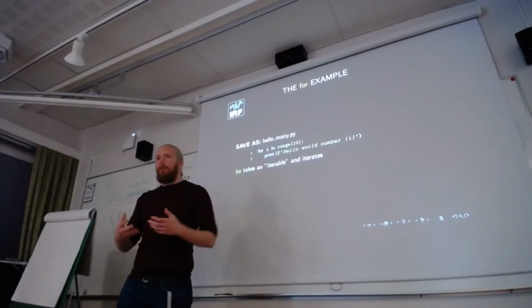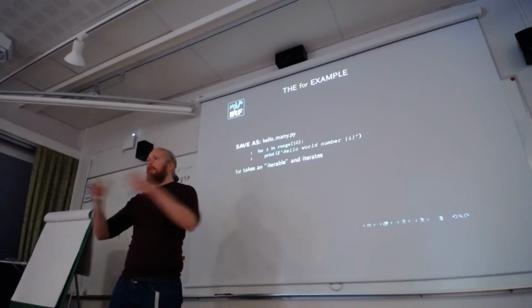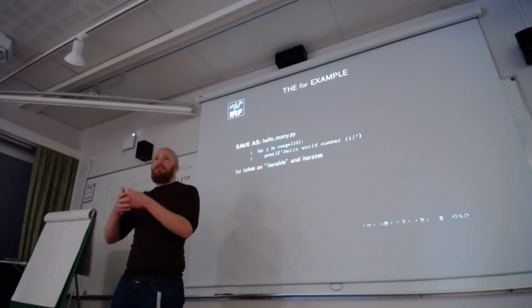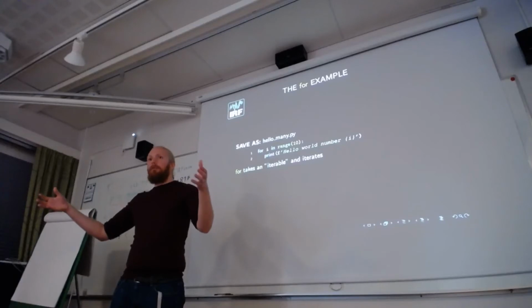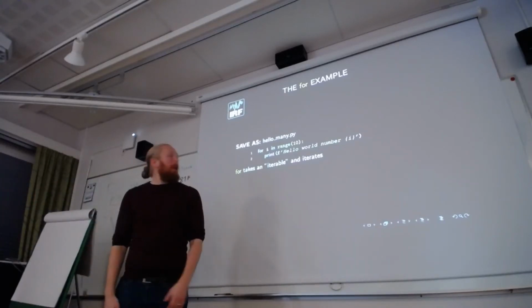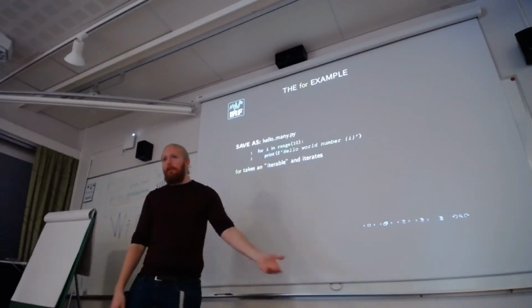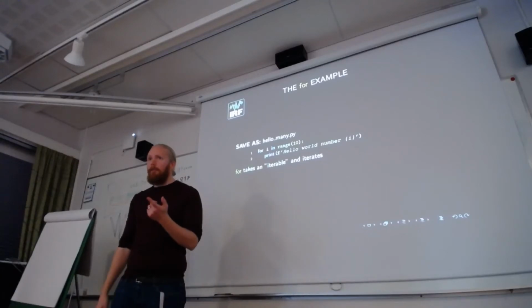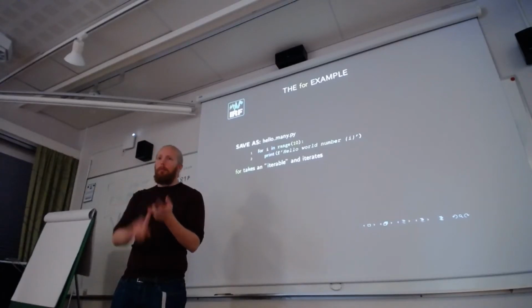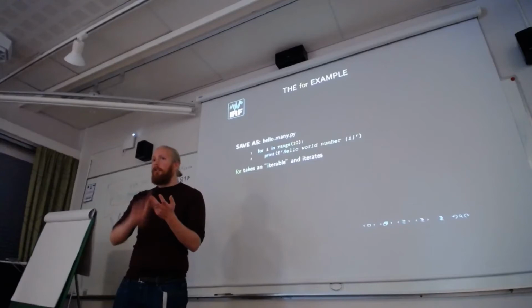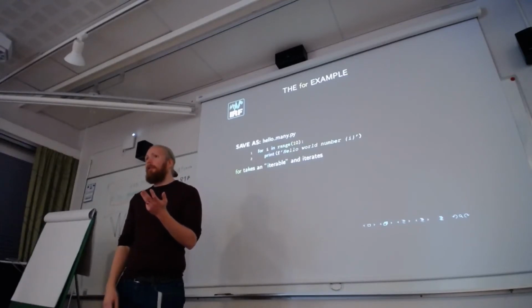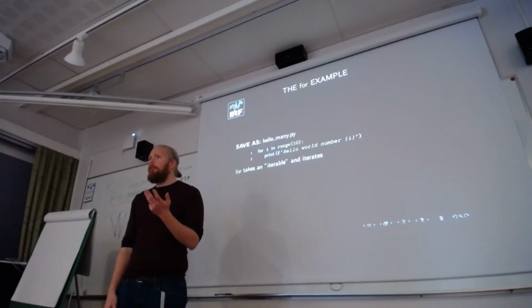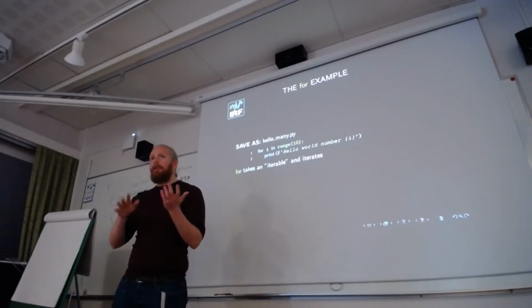An iterable is something that can contain several objects, a data structure that can be iterated over. Lists are iterables, tuples are iterables, dictionaries are also iterables if you do some stuff with them.